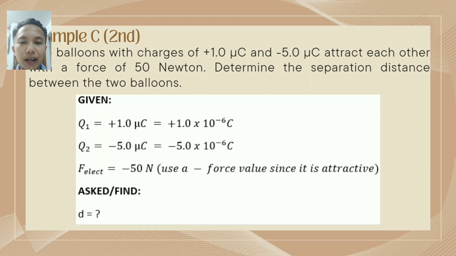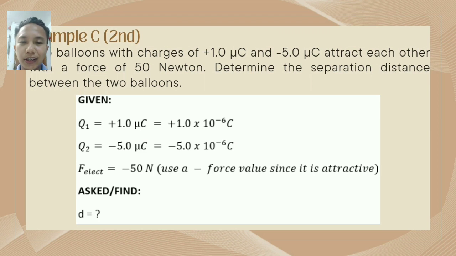Okay. Under the given in GAPSA, always. So, quantity 1, or the initial quantity of charge, is equal to positive 1.0 microcoulomb, which is converted into coulombs again. Of course, again, we need to convert it into coulombs. Thus, it is equal to 1.0 times 10 to the power of negative 6 coulombs.